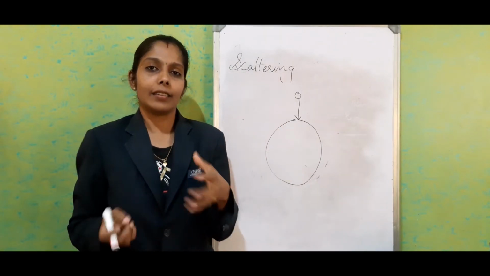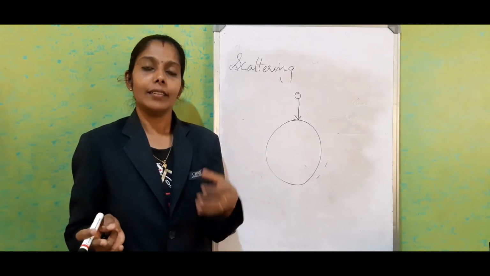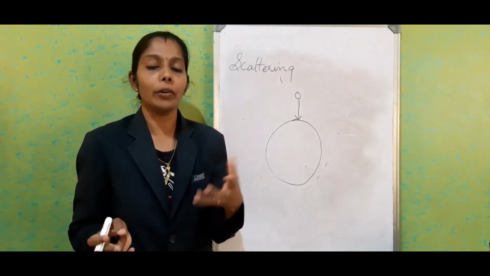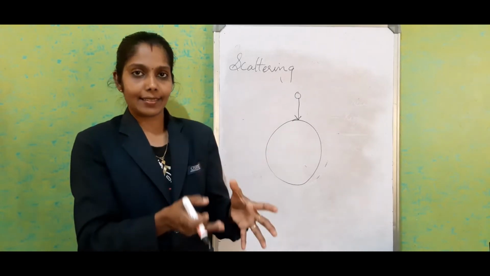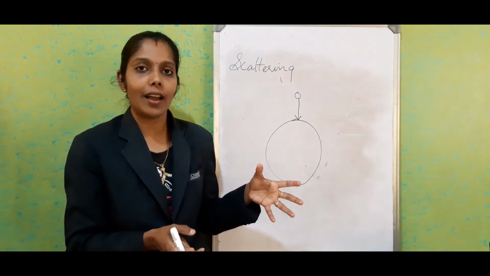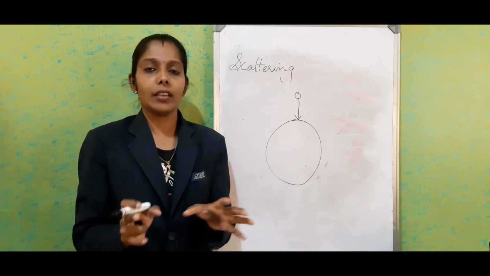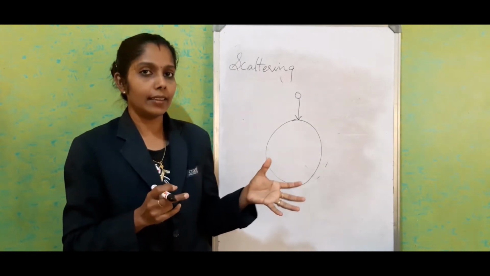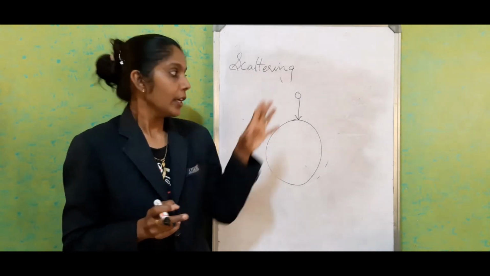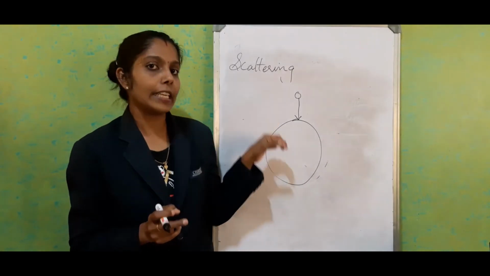So almost all the colors face the same amount of scattering, and since they only have to travel a short distance, less scattering will happen. So all together we feel like white in color during noon time. These are the three reasons for these things.